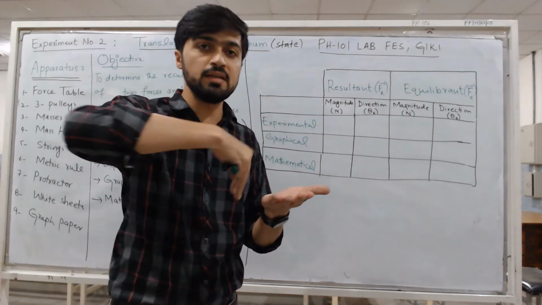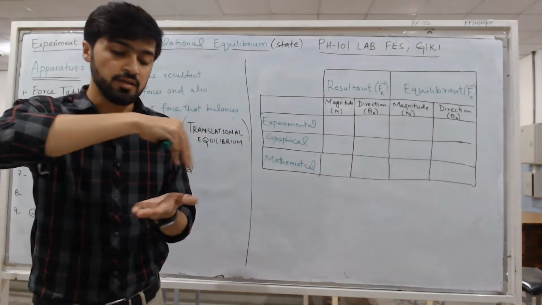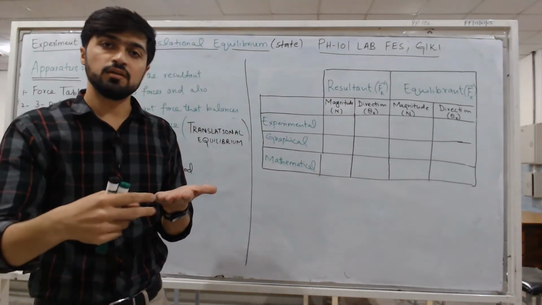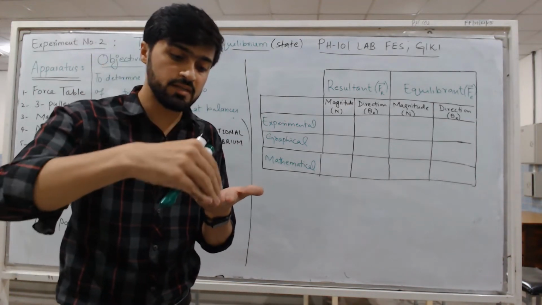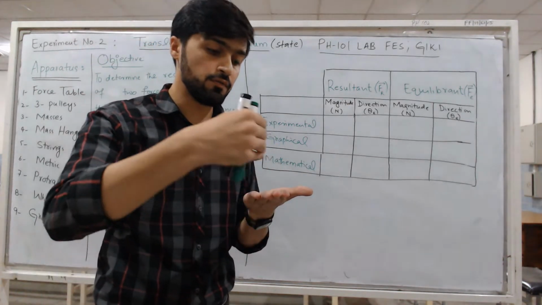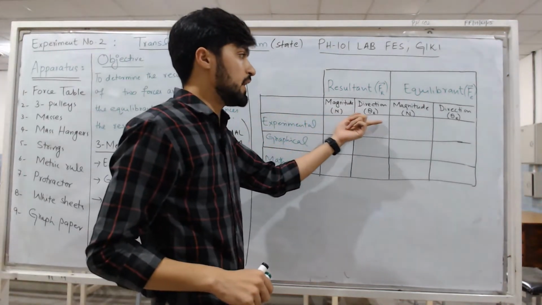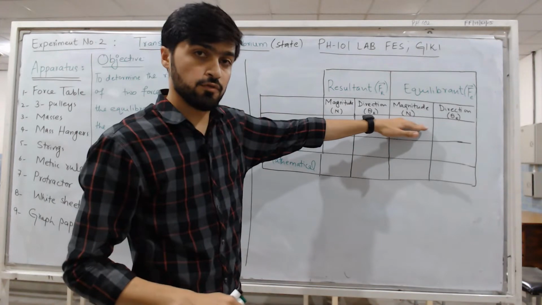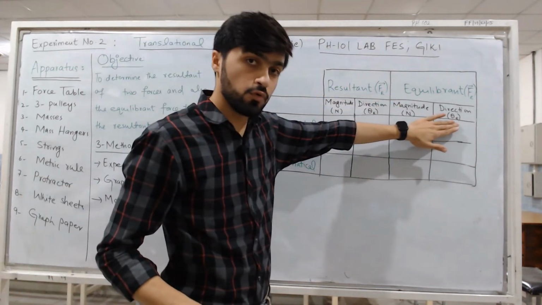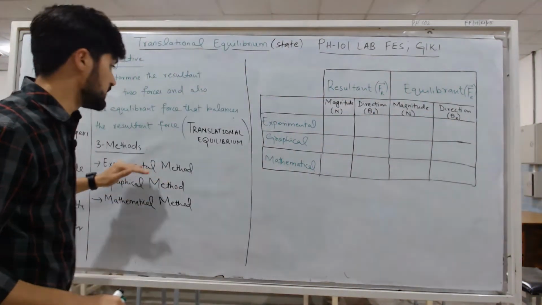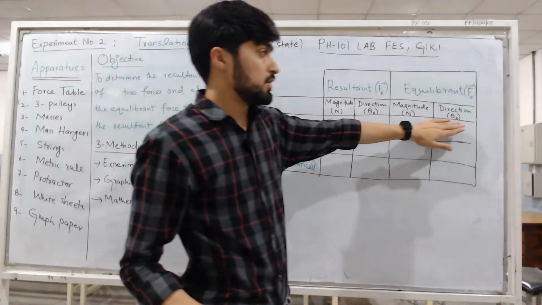There will be a degree scale that I will demonstrate. The degree scale will give you the direction. F1 is, let's say, at 0 degrees. So we will be using the experimental method, and theta r will be determined for the equilibrium force. Then from the equilibrium force, first we will determine the magnitude of the equilibrium force.